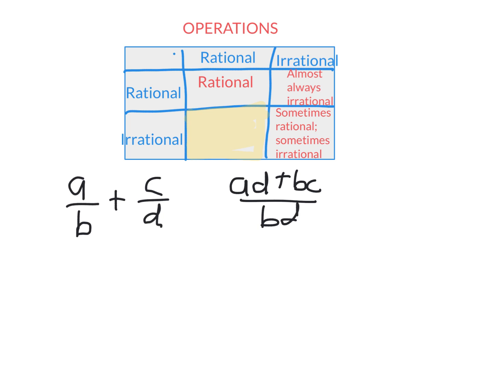The point is, if A, B, C, and D are integers, AD is an integer, BC is an integer. The sum of these is another integer, BD is an integer. What am I going on about? I'm pointing out that if you add together 2 fractions with integers, the result is another fraction with integers, numerator and denominator. So that's why if you add together 2 rational numbers, you always get a rational answer.